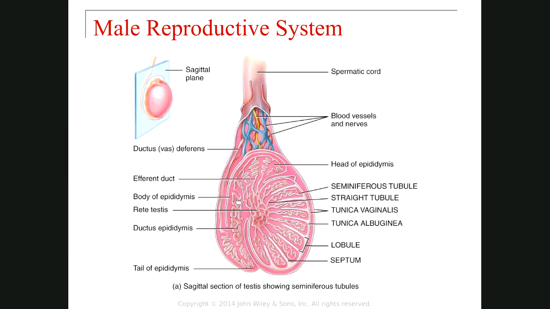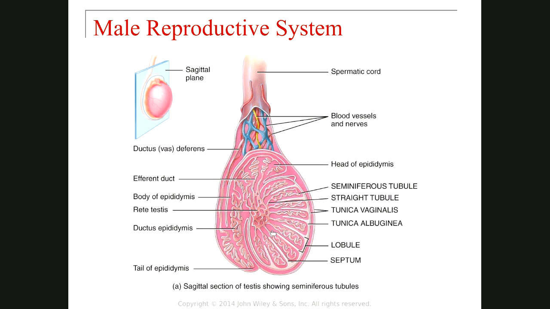So, up to here, you know that the testis is covered by tunica vaginalis from outside. After that, deeper to tunica vaginalis, we have tunica albuginea. Tunica albuginea becomes thick on one side of the testis. We call it the mediastinum, or testicular mediastinum. And from this mediastinum, we have some fibers which come out.